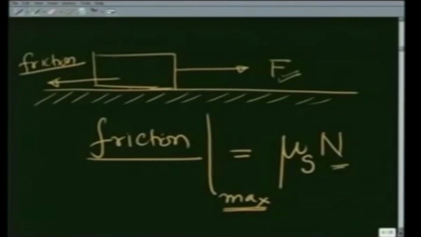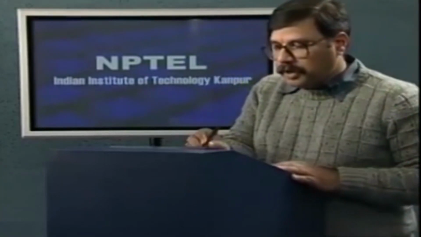N is the normal reaction of the surface on the body, the force that is perpendicular to the surface on which the body is moving. So the maximum frictional force on a block on a surface is given by F max, which is mu S times N.